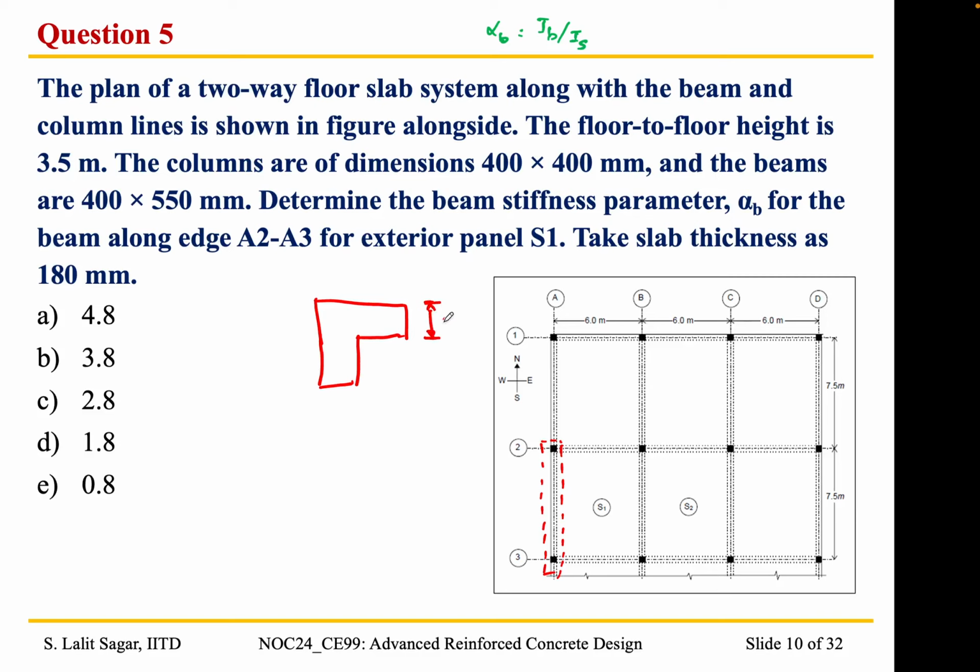Okay, so this slab width is 180, and so this leaves us with the overall depth of the beam is 550.